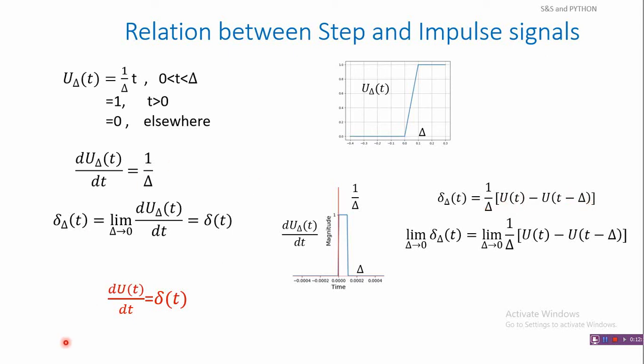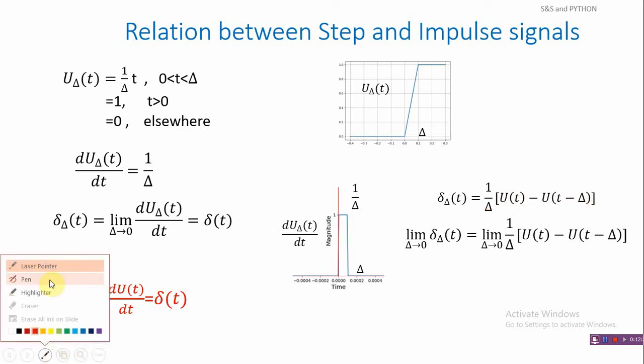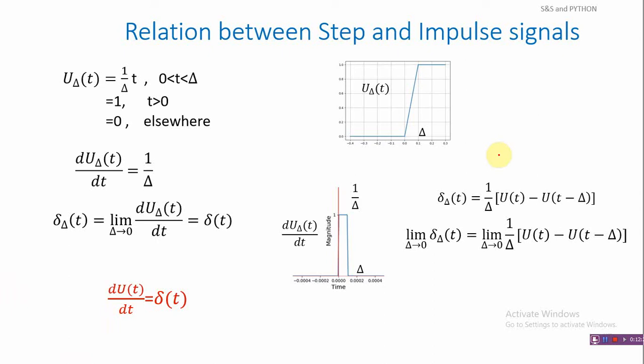So if you take u of t, it is a signal like this, starting from 0. For t greater than 0, it is 1. And u of t minus delta is a shifted step signal.